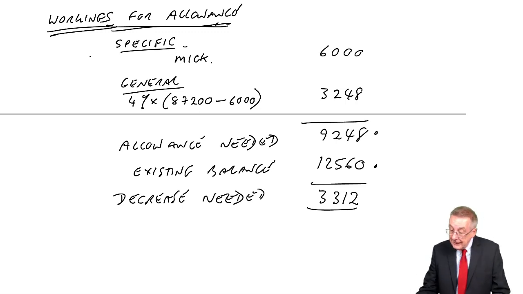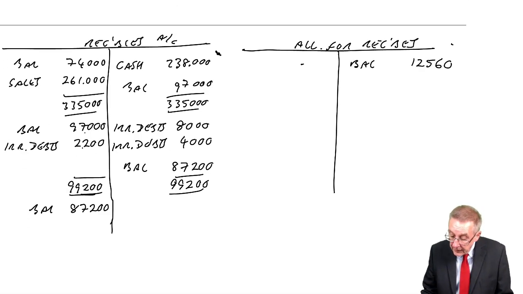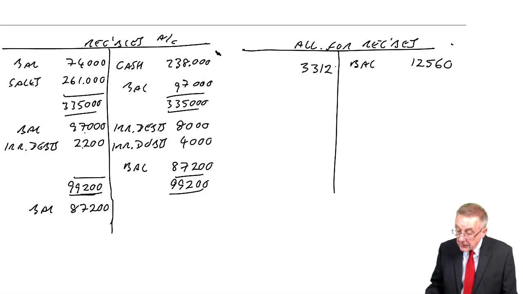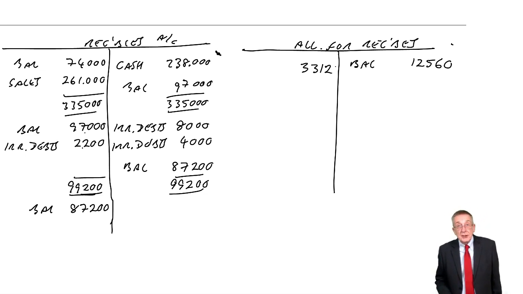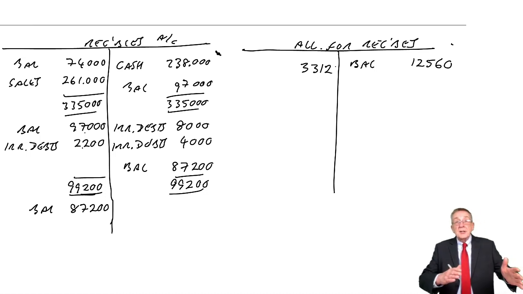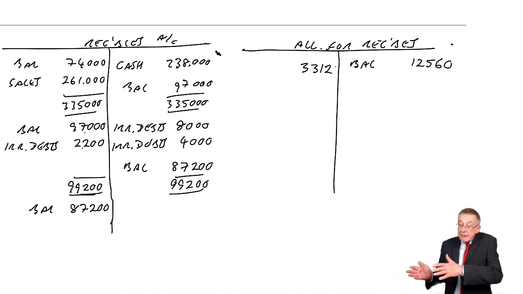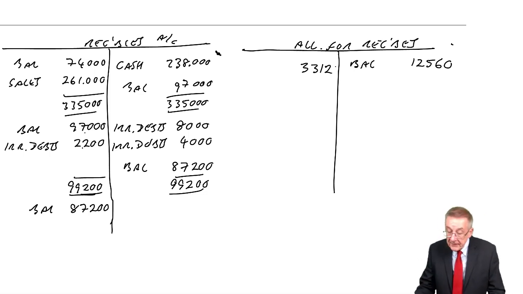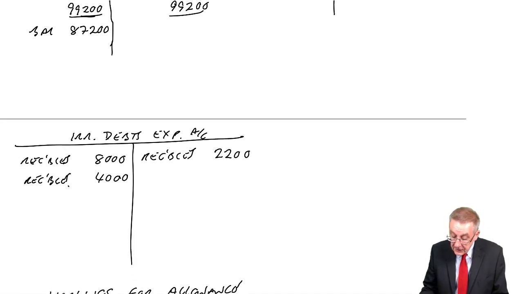Let's do it. To reduce the balance, debit with 3,312. And the double entry, just as when we created the allowance last year, we debited the expense. Here we're reducing the allowance. We credit irrecoverable debts expense 3,312.